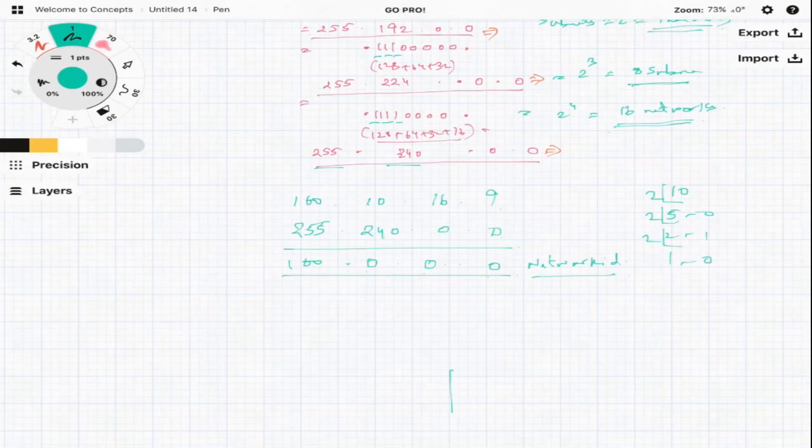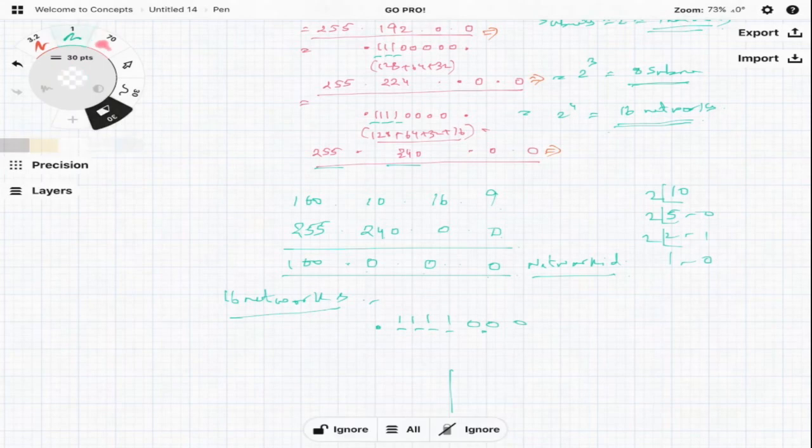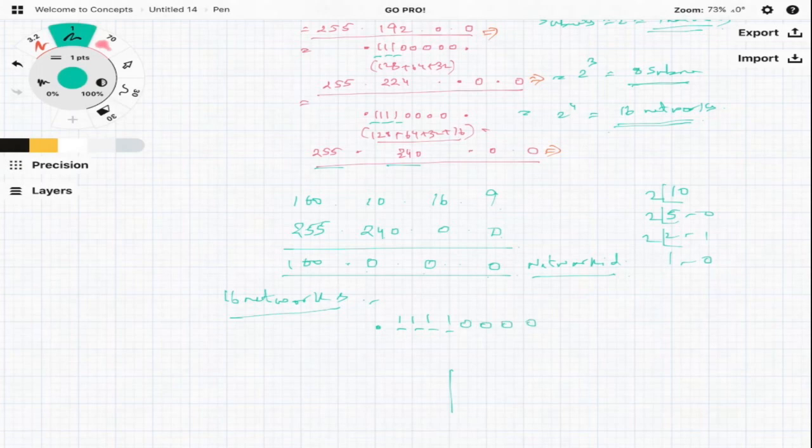So what are all the 16 networks we have got? What are the network IDs for these 16 networks? We will see here. Since we have borrowed 4 bits, and the remaining are all zeros, the network bits are 128, 64, 32 and 16.